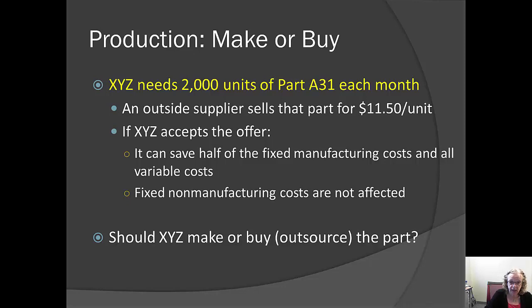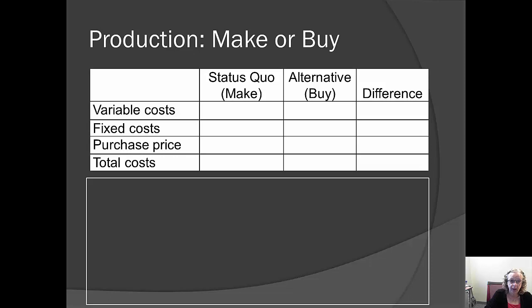So the question is, should XYZ continue to make the part, or should they buy the part from an outside supplier? Well, let's take a look first at the status quo, that is what they're doing now, which is making the part.